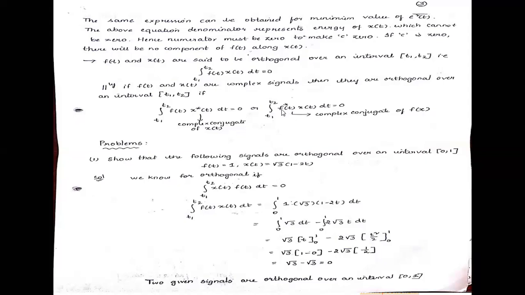Orthogonality in complex functions means only changing the previous orthogonality-in-signal equation. C is equal to the integral from t1 to t2 of f of t x star of t dt, whole divided by the integral from t1 to t2 of x square of t dt, or the integral from t1 to t2 of f star of t x of t dt, whole divided by the integral from t1 to t2 of x square of t dt.